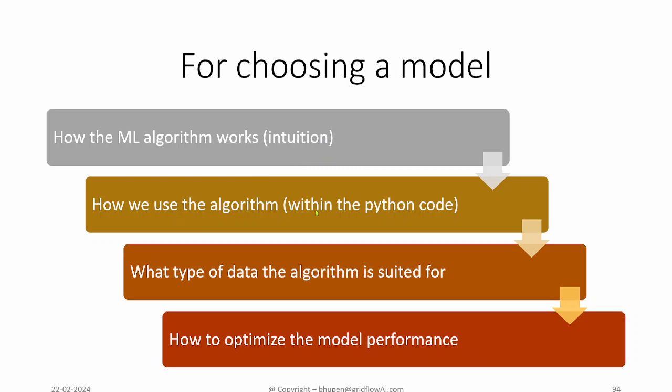How we use this algorithm within the Python code. In each of my Python code examples, I will show you how to use it within scikit-learn or the programming interface. What type of data the algorithm is actually suited for, because not all algorithms are suited for all kinds of supervised learning, so we'll have to discuss that. And how do we optimize or tune the model performance?